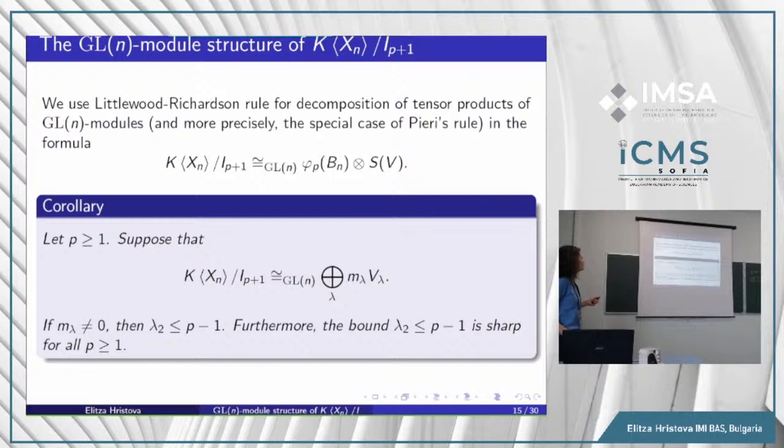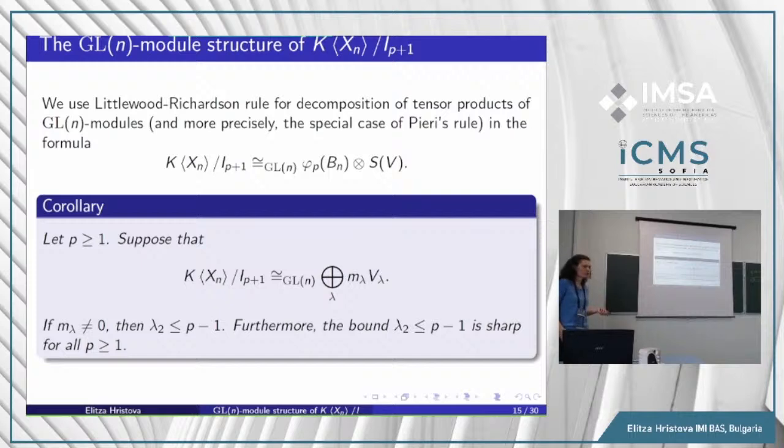The general rule is the Littlewood-Richardson rule, but in this particular case, since one of the constituents in the tensor product is a simple representation, the symmetric algebra, which is considered to be well known, the Pieri rule, which is a special case of the Littlewood-Richardson rule, can be used. So when we use such rules for decomposing tensor products, we obtain as an immediate corollary the restriction on the non-zero multiplicities for the whole quotient algebra, K⟨Xn⟩ mod I_{p+1}.